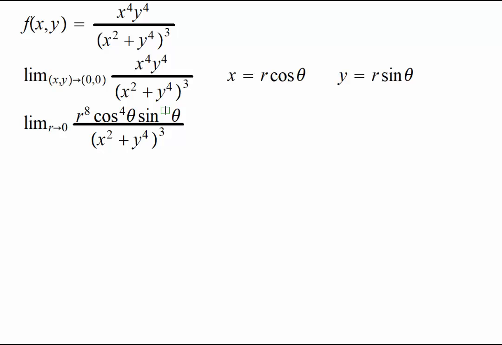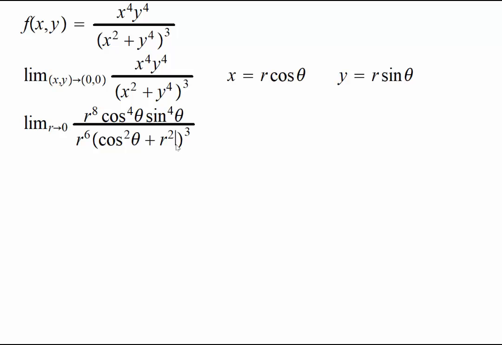Now, an r square will come out as a consequence of this, and we will have r to the 4 here. And r square combined with this 3 will become r to the 6. So when we factor that r square out, that will leave behind a cosine square theta. And then here we have r to the power 4 taken out, so that will leave an r square behind. And then we will have sine theta to the power 4.